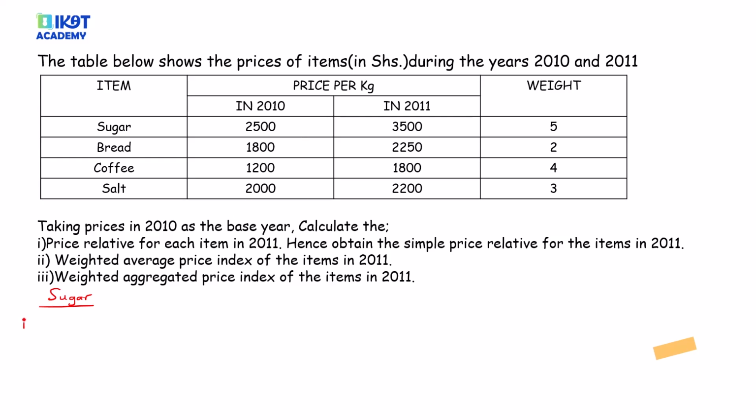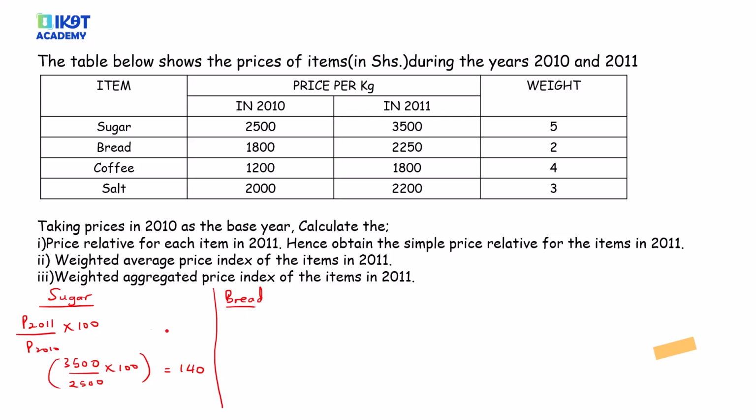So we're going to say P 2011 over P 2010 times 100. Then you come and quote what was the price of sugar in 2011: 3,500 over 2,500 times 100. Put this into your calculator, you get 140. Move on to the next item. And I think you can see that this is going to be somehow long for just that.